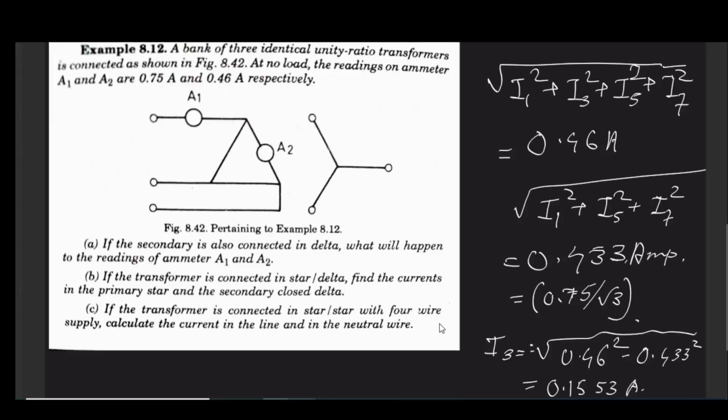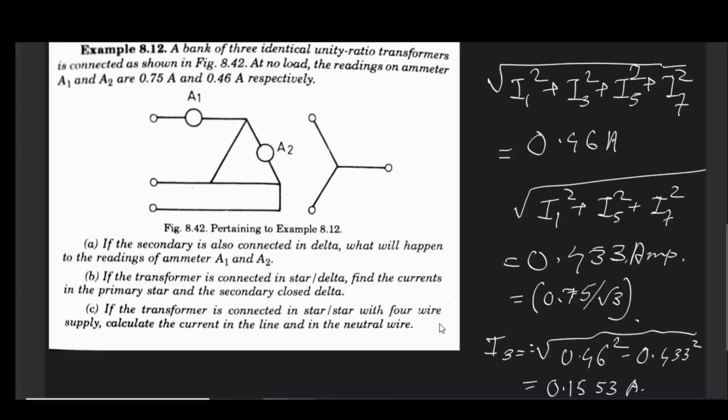Now, obviously, A1 will remain unaltered. When you will connect the primary in star, then what would happen to the ammeter? The ammeter reading A1 will remain same, and there is no scope of connecting A2. Actually, this is the problem with this book, carelessly written book.